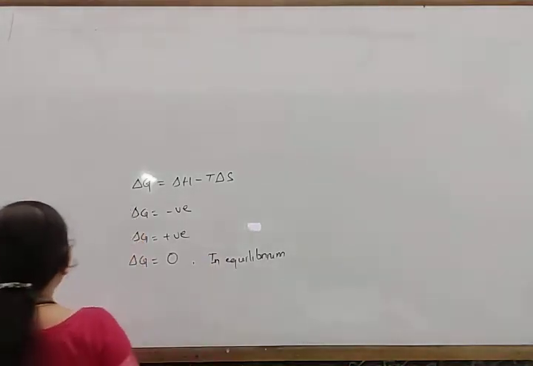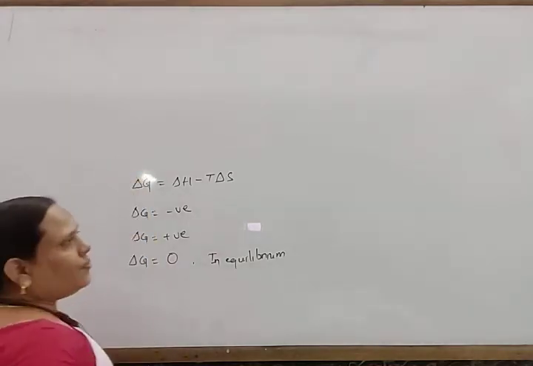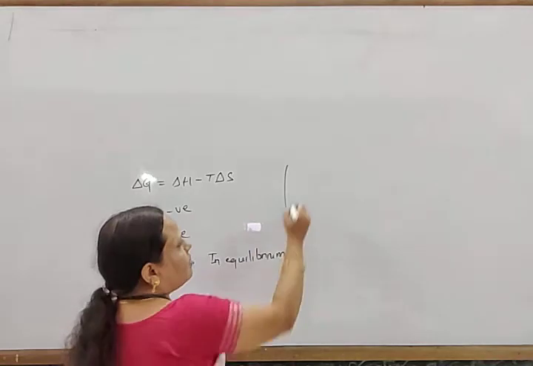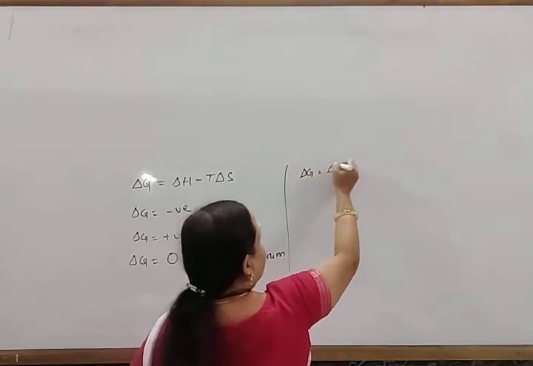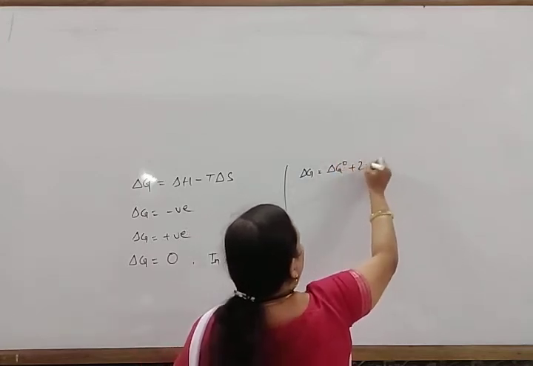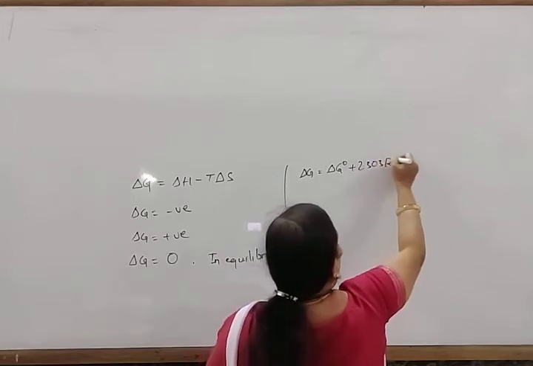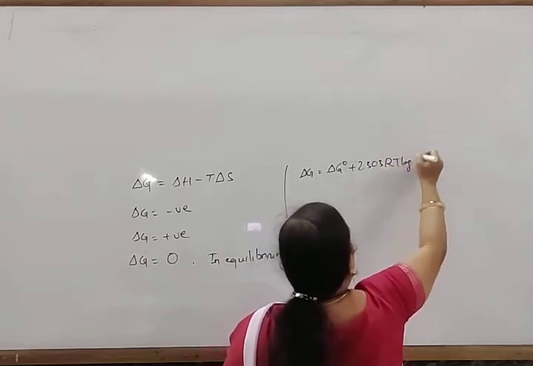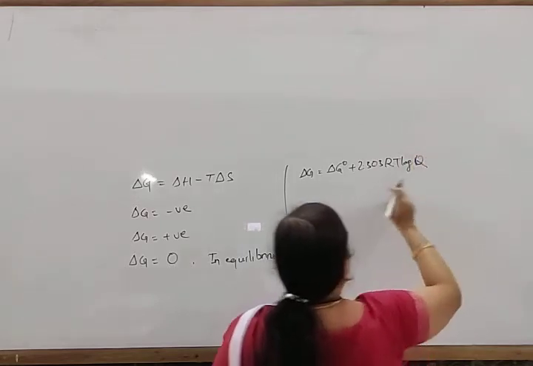And also we all know how this delta G is related to the equilibrium constant by the relation delta G is equal to delta G naught plus 2.303 RT log Q, where Q is the reaction quotient.